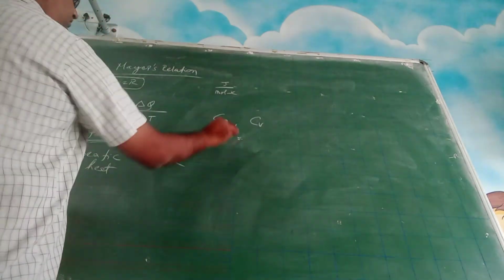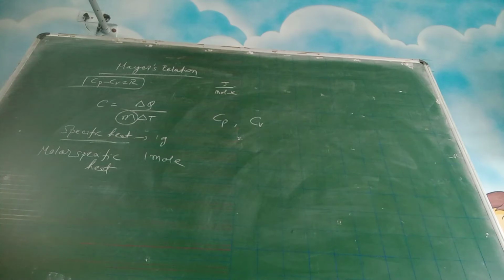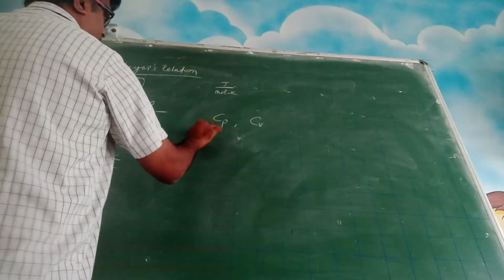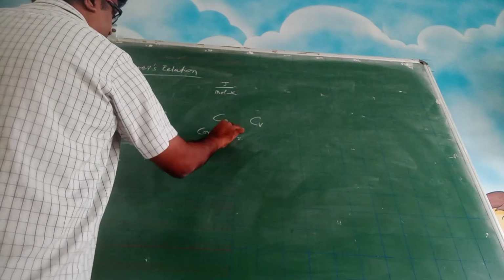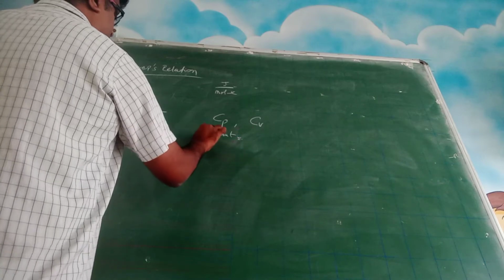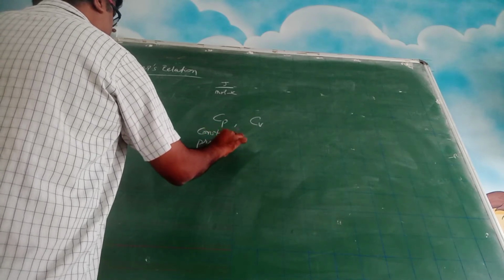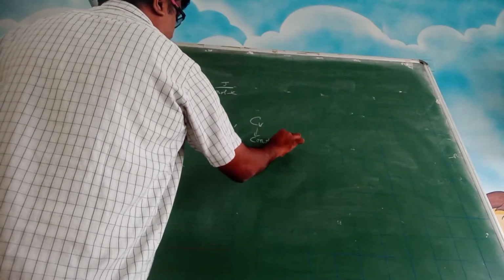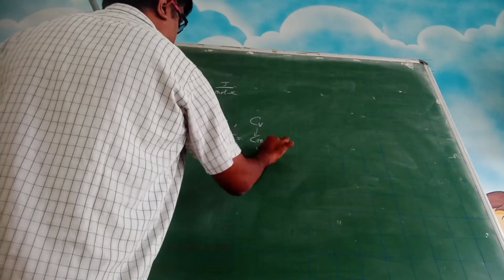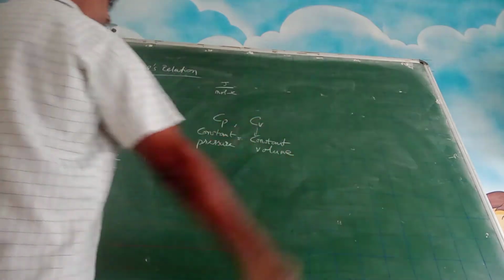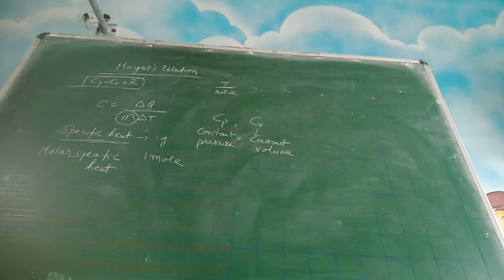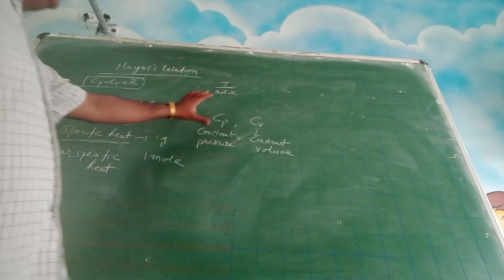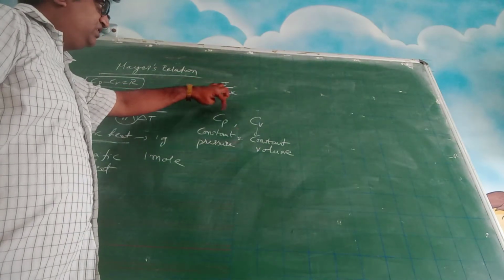Cp is the specific heat at constant pressure, and Cv is at constant volume. Now we are trying to establish a relationship between these two.